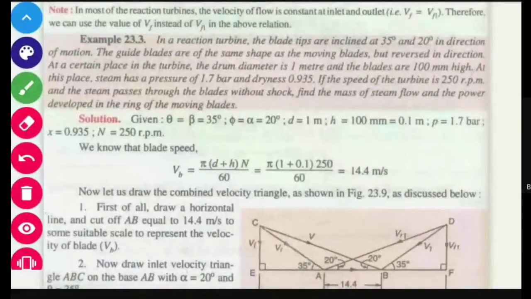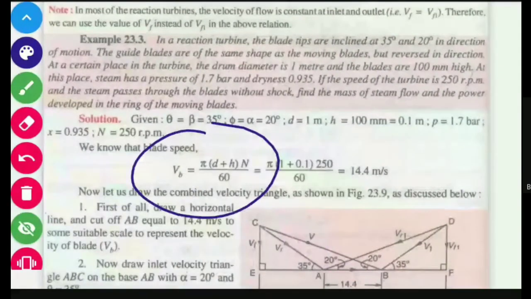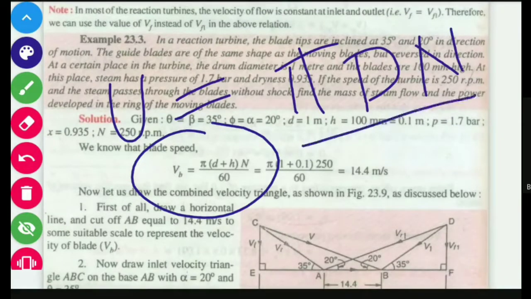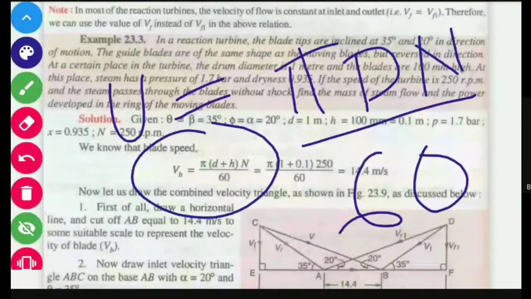As per the last class discussion, the basic formula is u equals pi D N by 60, where D is the mean diameter.